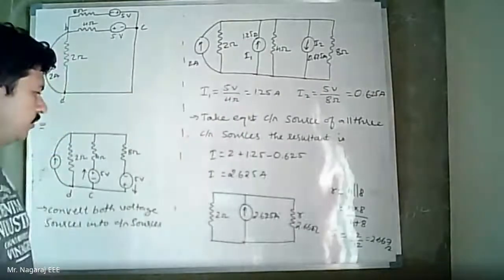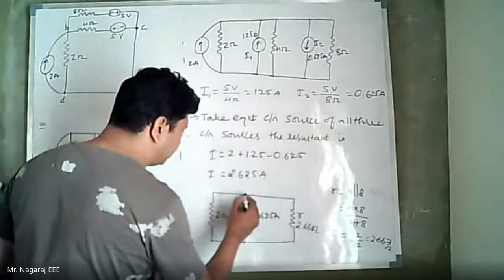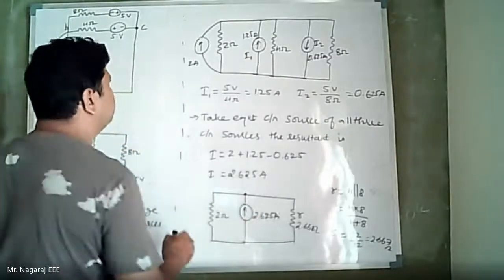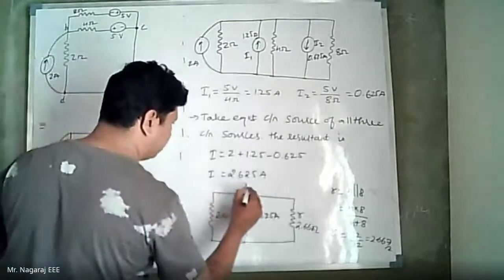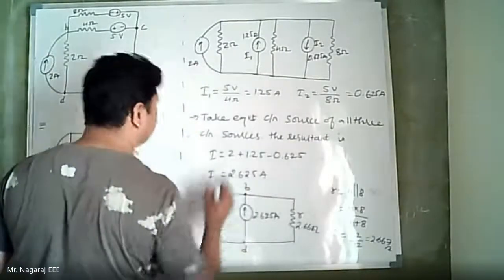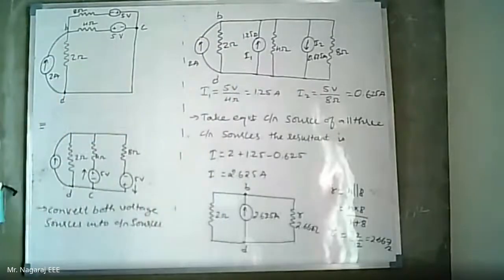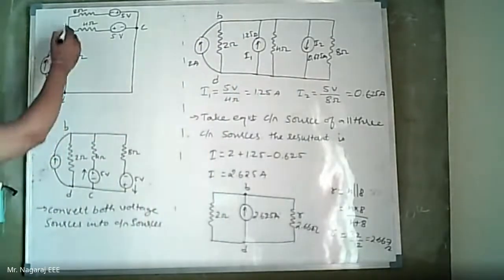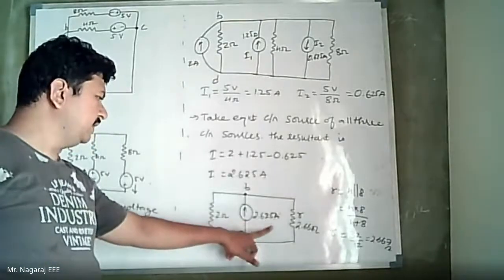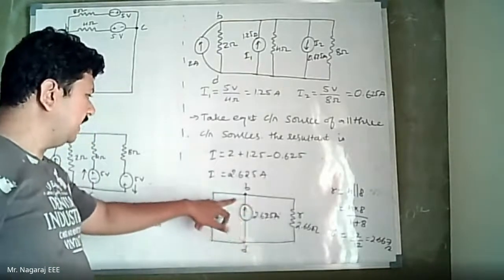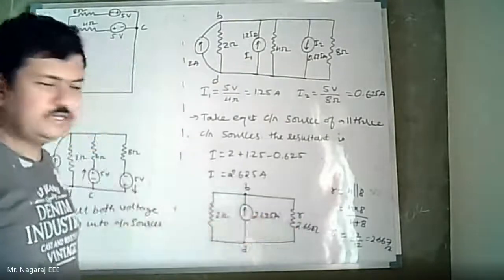Now this 2.625 amperes of current is branching here at this node. What is this node? This node was basically node B, and this was node D. So now this 2.625 amperes of current is getting divided into two branches, one in 2 ohm, one in 2.66 ohms.